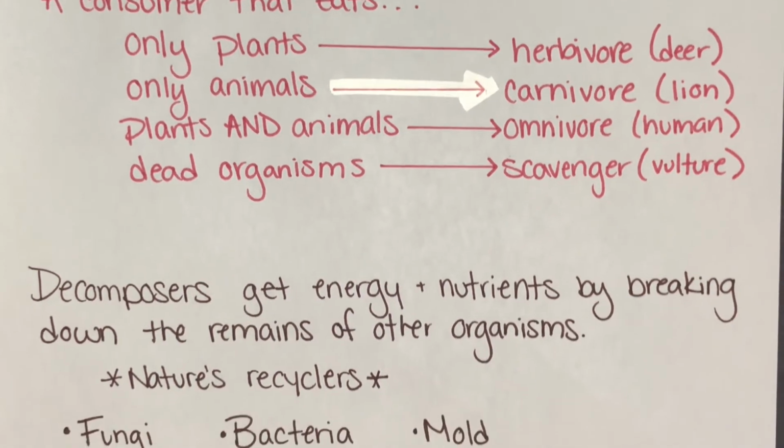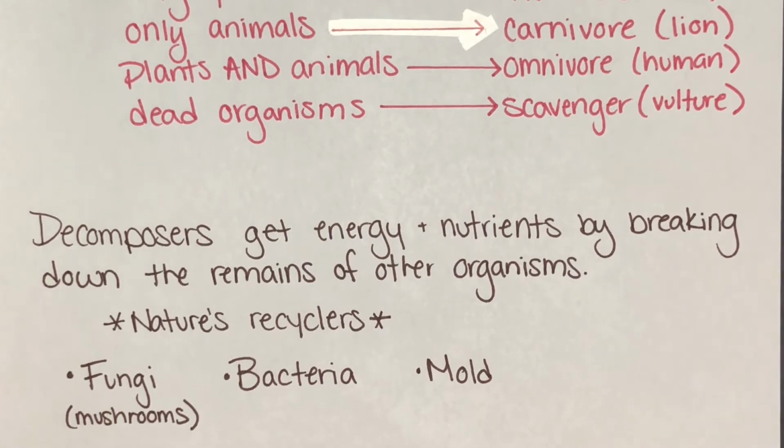Examples include fungi like mushrooms, bacteria, and mold. The difference between scavengers and decomposers is complicated, but for the purposes of this class, the main difference is size. Vultures and hyenas and earthworms are larger animals that eat dead things, but fungi and bacteria are small or microscopic organisms that break down organic material.